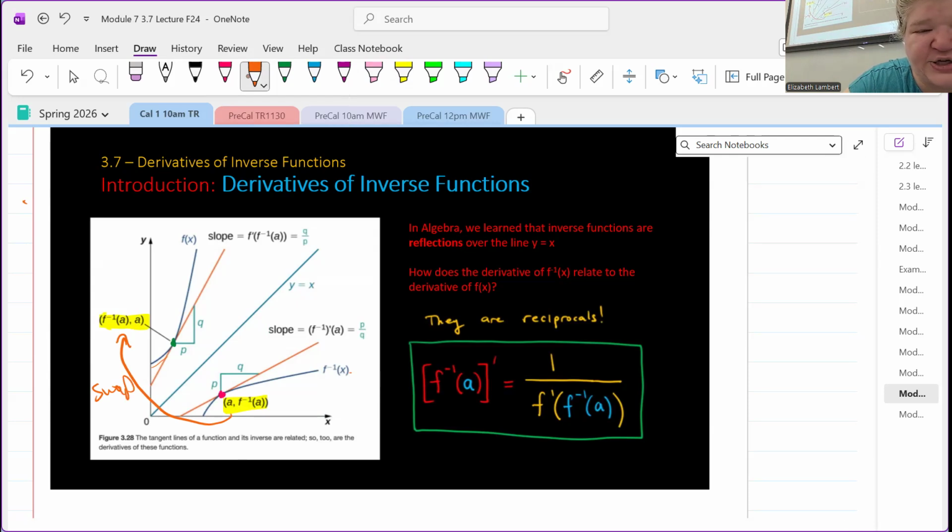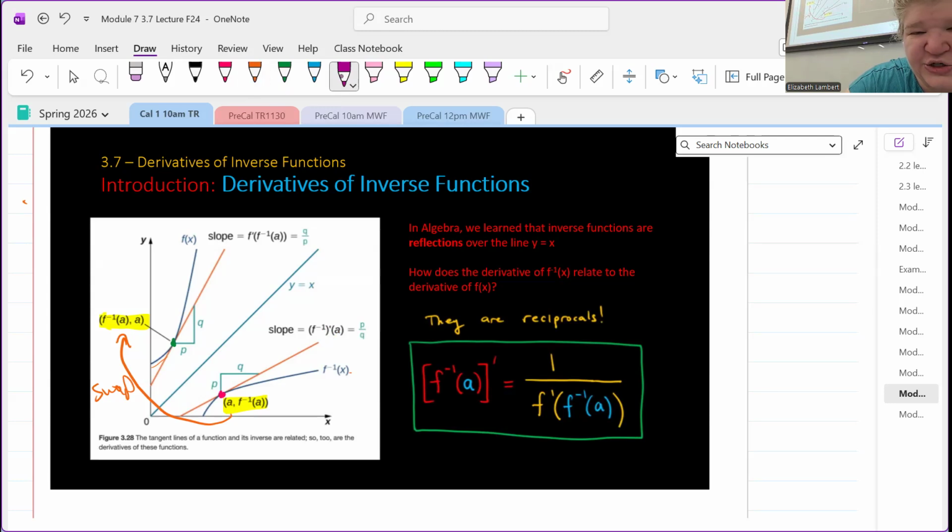So when I look at the derivative of my inverse, that ends up being the derivative at the inverse of a value. But that derivative of the inverse of the value was q over p. My actual derivative of the inverse function was p over q.